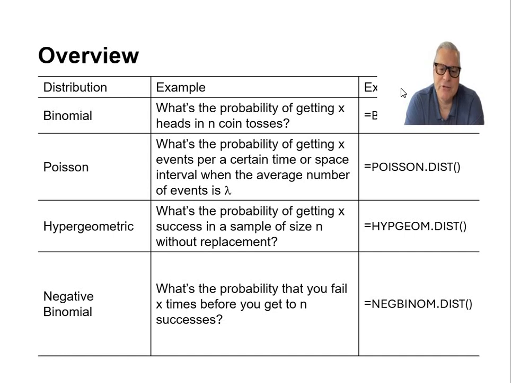Then the negative binomial will answer the question, what's the probability that a basketball player has 5 misses before she or he scores 3 times. And those are all formulas that you also have in Excel.